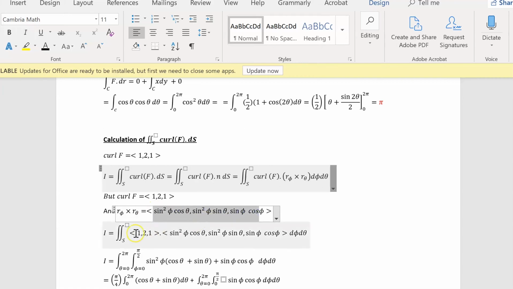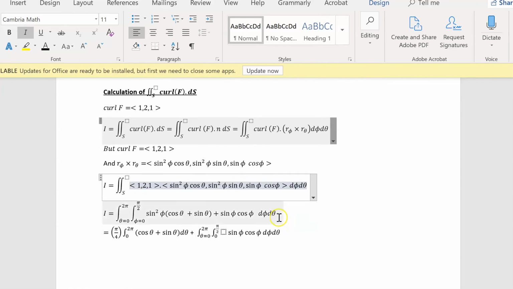So we now take the dot product of the curl with that, and we have d phi d theta, and then we have this. We have sine squared phi, and we take the dot product.